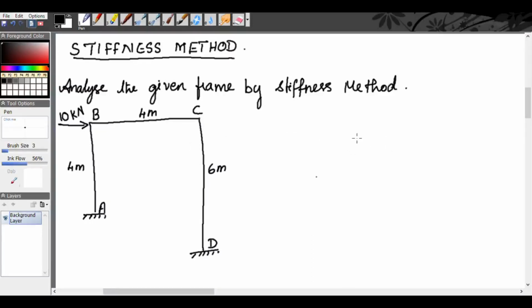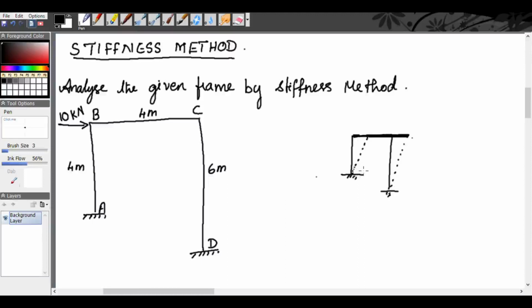Because of this load, this frame will be moving like this. When the frame is moving like this, this beam gets shifted towards here. There is no change in the length of the beam. This beam will be just shifting towards the right.